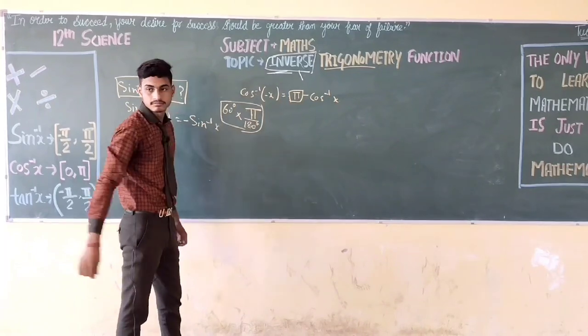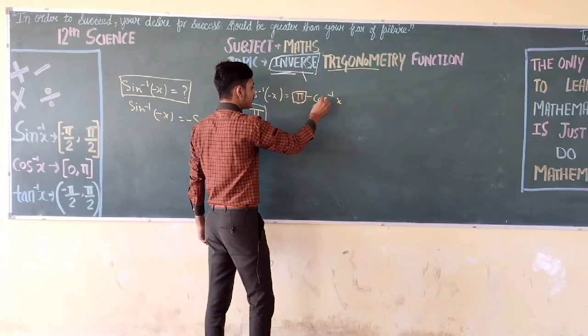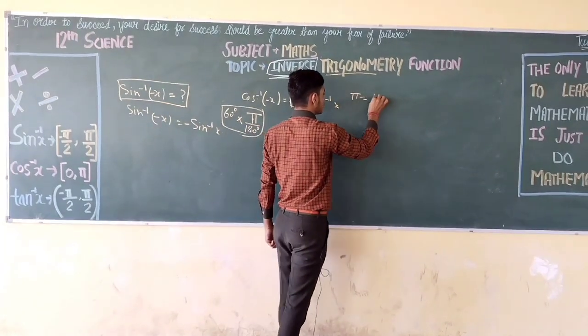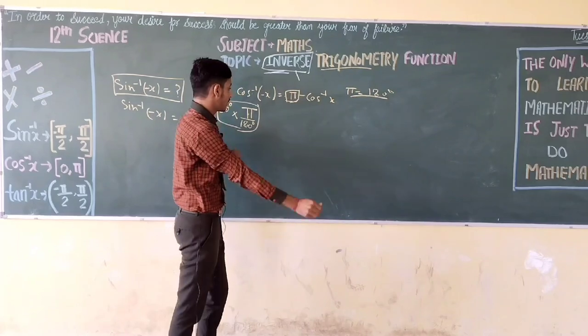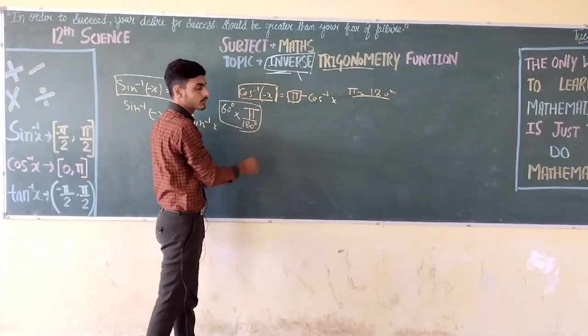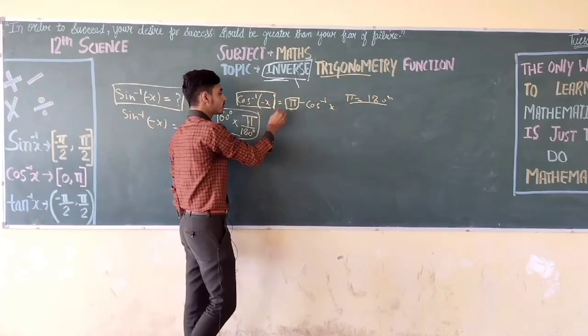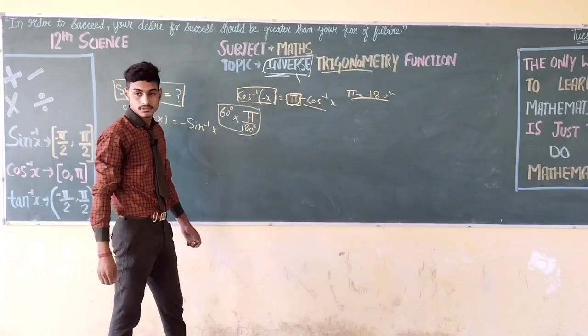What is pi here? So let's take, here pi is 180 degree. For cos inverse minus x, we have to subtract cos inverse x from the pi angle.